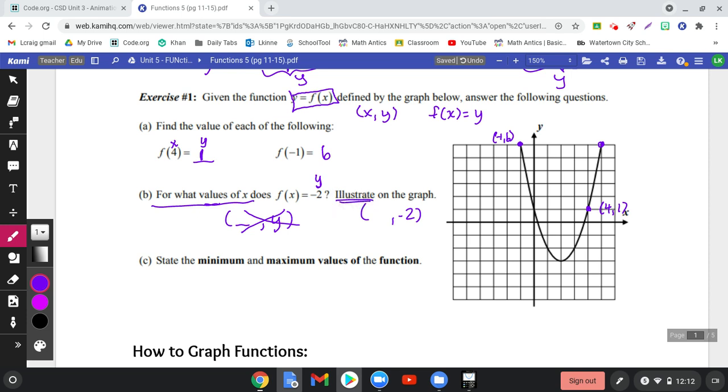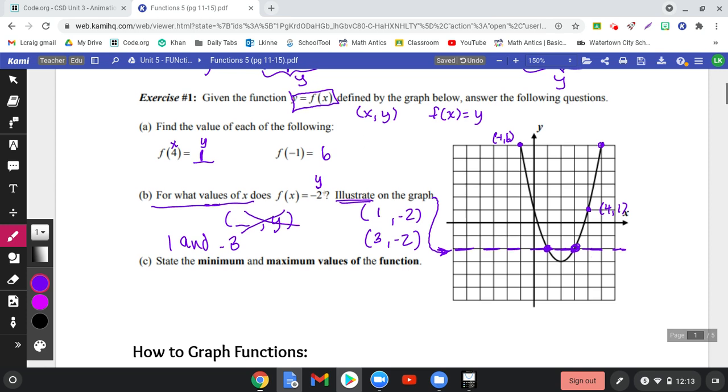Think of it like a height of negative 2, anything that has a spot 2 places below your x-axis. So here's 1, and here's 1. This is the point 1, negative 2, and 3, negative 2. So 1 and 3 would give you a negative 2 for an output.